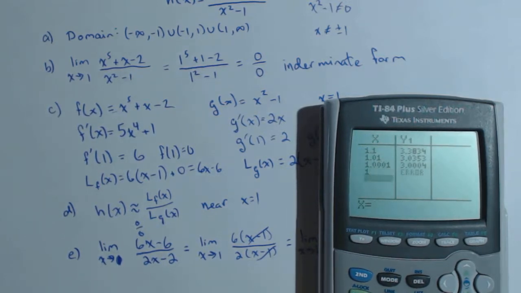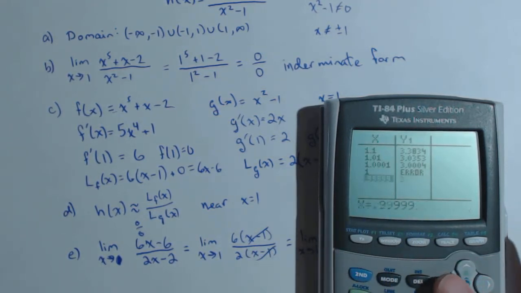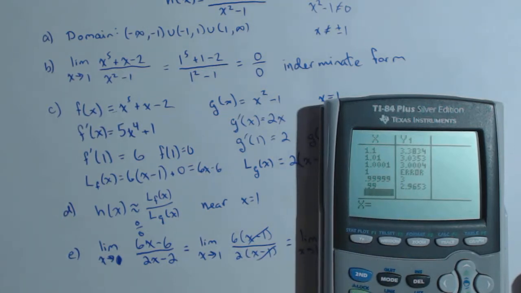Again, if we put in 1, we get an error. 0.9999. And that's not going to be exactly 3. If I go on it, there are decimal points that the calculator can't show. But what we see is, as we come in from the right and from the left, both sides are approaching 3, verifying the limit.